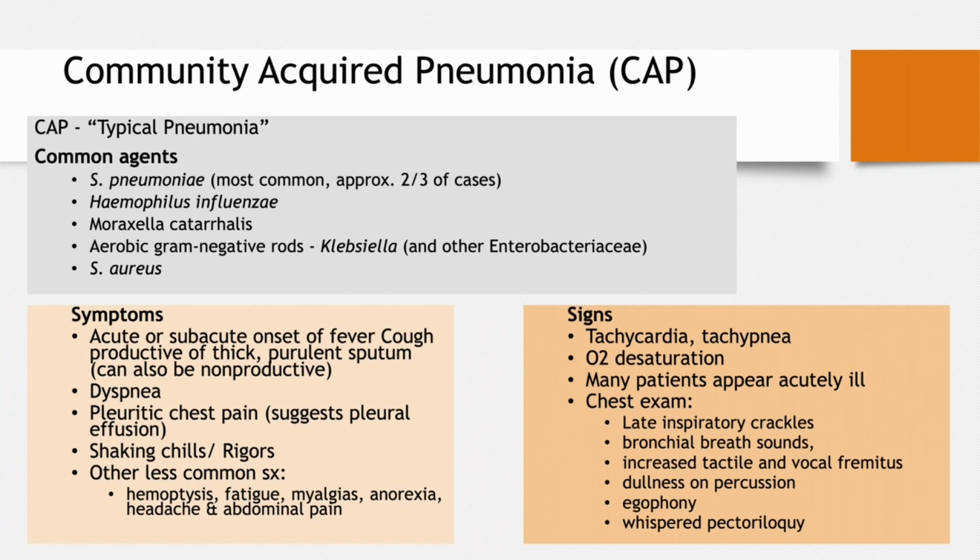And you can have egophony, which is when you put your stethoscope on the patient, you have them say E, and when you hear it, it actually sounds like A. And then also the whispered pectoriloquy, where you have them whisper something and it sounds more amplified because of the infection. And these physical exam findings, most of them are localized to just the area of pneumonia.